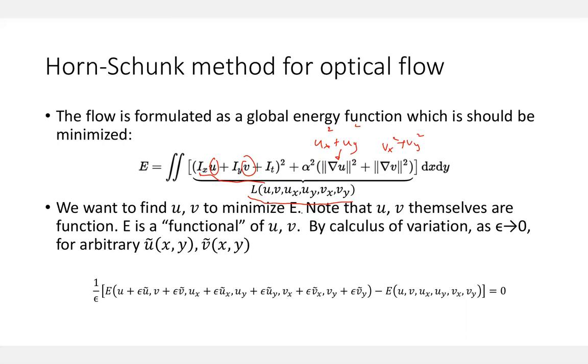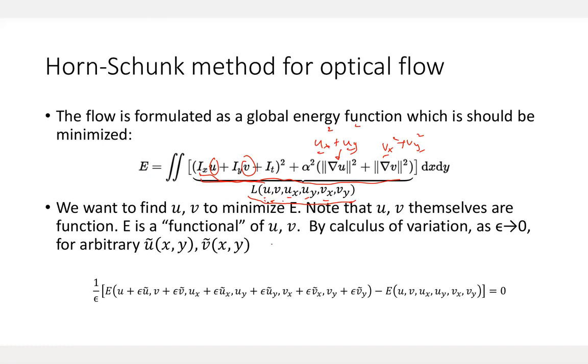Then I can think of them as separate variables, so I can write this L as a function of U, V, UX, UY, VX, VY here. Basically we're trying to minimize the integral of this L with respect to U, V, UX, UY, VX, VY, and so on.